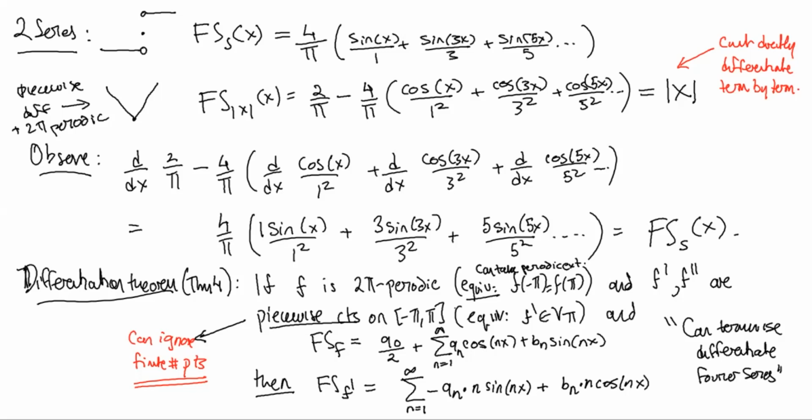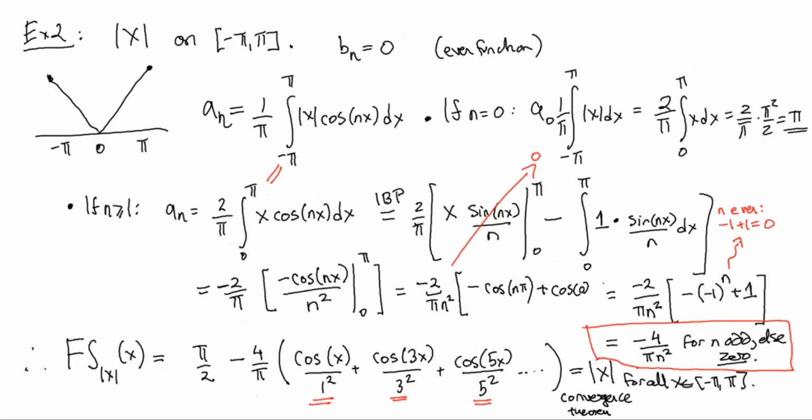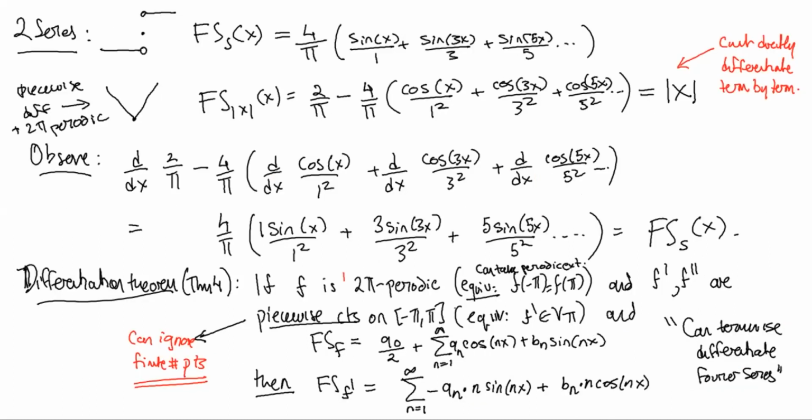So, for example, if it is not periodic, then... Yeah, this doesn't work if it's not periodic. You need this condition. In the book, you can find an example of a function which is not 2π periodic, where if you do this, you get some garbage. You get something that doesn't even converge.